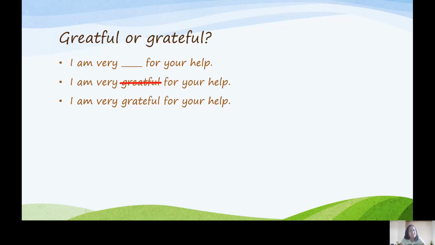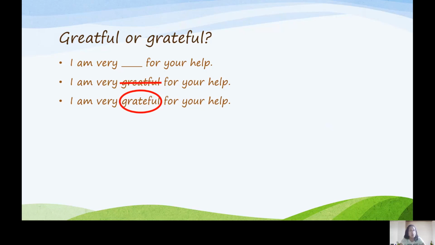Well, it's not the first one because great is already an adjective. So you can't make it an adjective by adding full on the end. That's why we use full to turn a word into an adjective. Also, it would mean full of greatness, which has quite a strange meaning.